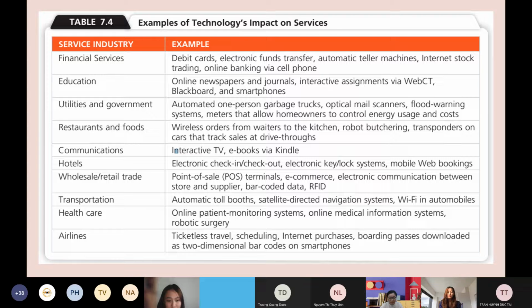As we can see from the table, the applications of technology in financial services include debit cards, electronic funds transfer, and so on. Similarly for education, utilities, government, restaurants, communications, hotels, healthcare, and airlines. My teammates will continue the next part.